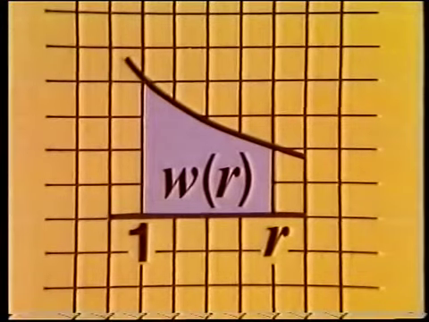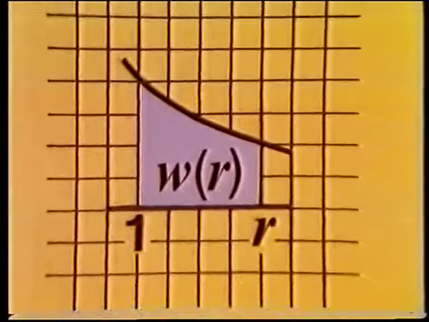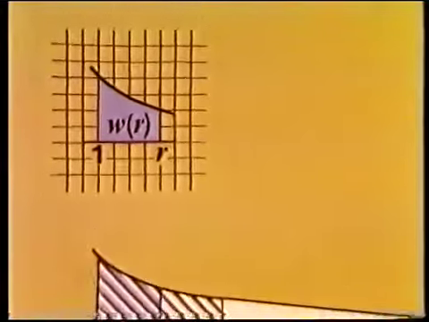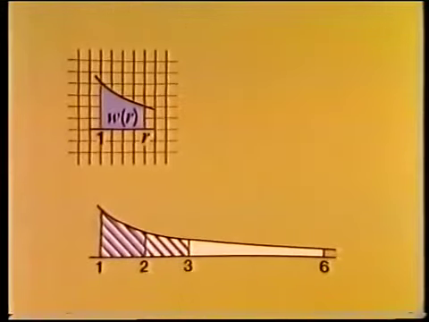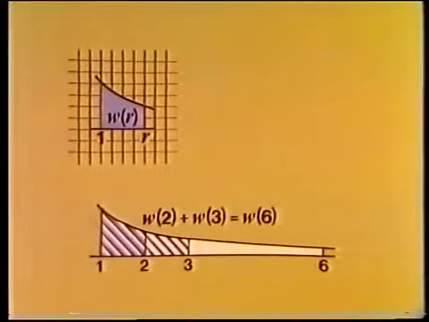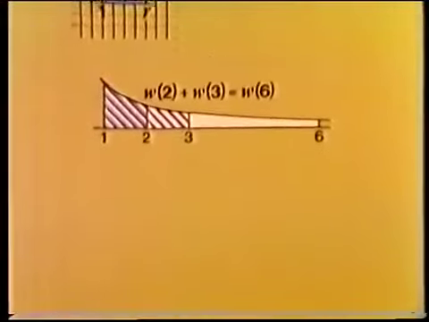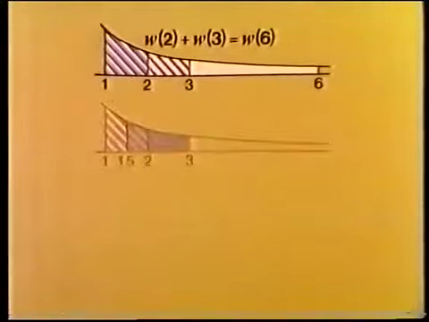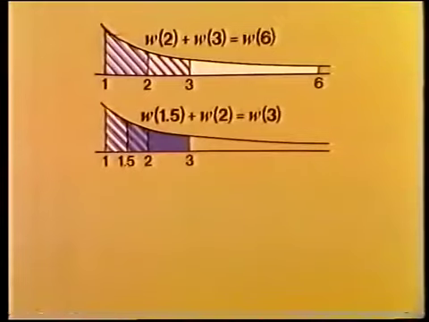I've denoted the weight from 1 to r by W of r. And in terms of W, my first demonstration showed that W of 2 plus W of 3 was W of 6. And my second demonstration showed that W of 1.5 plus W of 2 was W of 3.